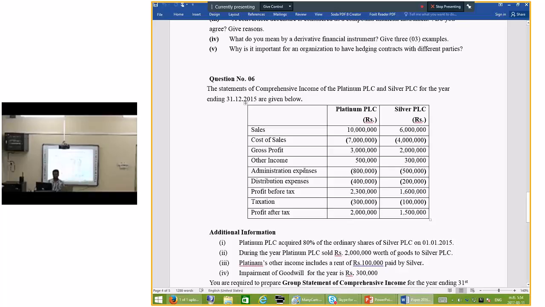Group income statement. Which one? That's what I said. Impairment of goodwill for the year. Then what you have to do? This 300,000, add to here. Add 300,000 here, as an expense.